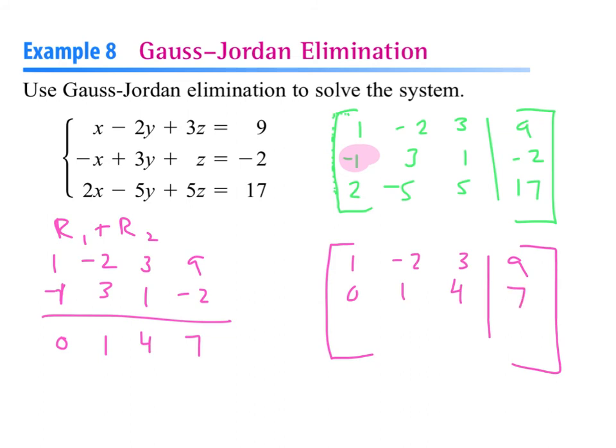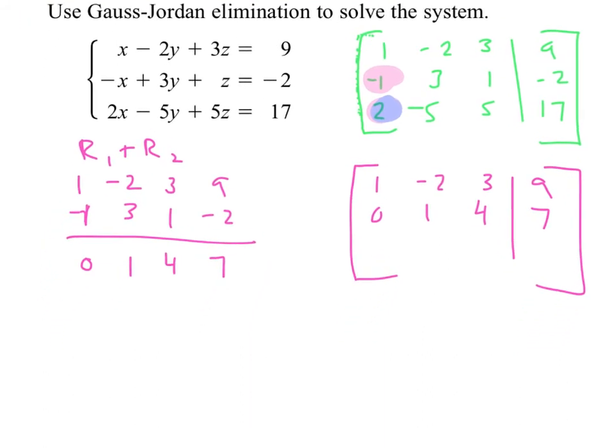And then what can we do to get a 0 in that third row, first column, where that 2 is? What do we have to do to get a 0 here? We can multiply the second row by 2 and add it to the third row.